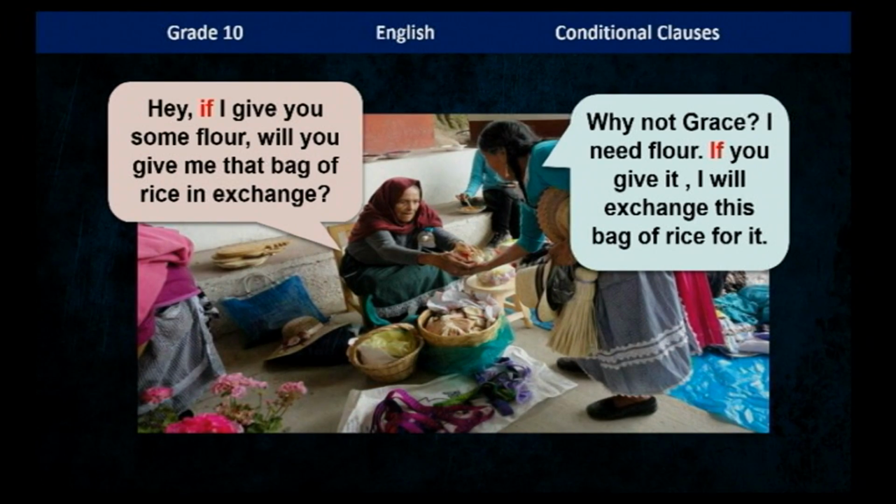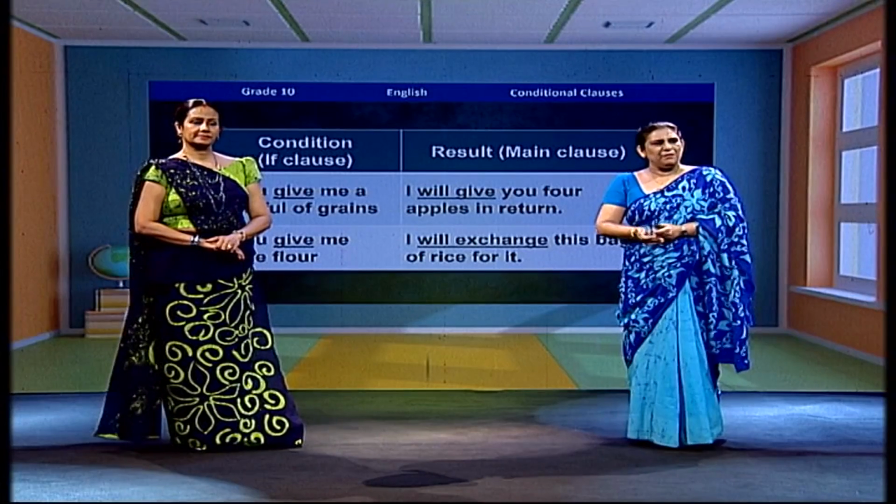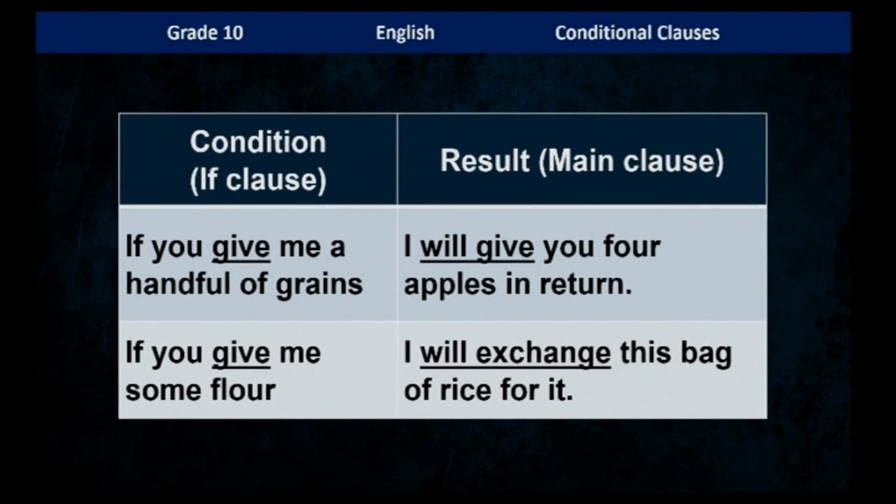Right. Now let us see those sentences, children. If you give me a handful of grains, I will give you 4 apples in return. You can see one sentence has begun with if. So we call that the if clause. That is the condition. If you give me a handful of grains, I will give you 4 apples in return. That is the result.